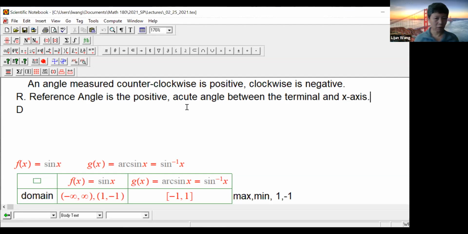Let me check if I missed any word. This is how you study in calculus class, you guys. I'm showing you how you study. Every definition has to be carefully studied over and over again. Reference angle is given in chapter 3 in your trig textbook.